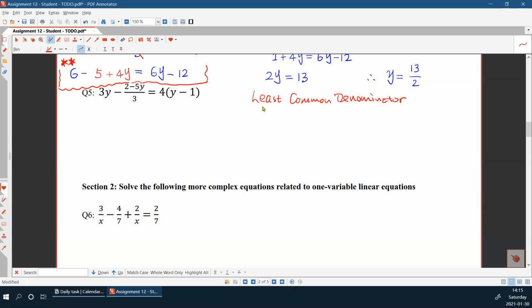Okay, and you can see why we practiced so many questions on the least common denominator, right? Least common denominator is 3. So we can times 3 to both sides of the equation.